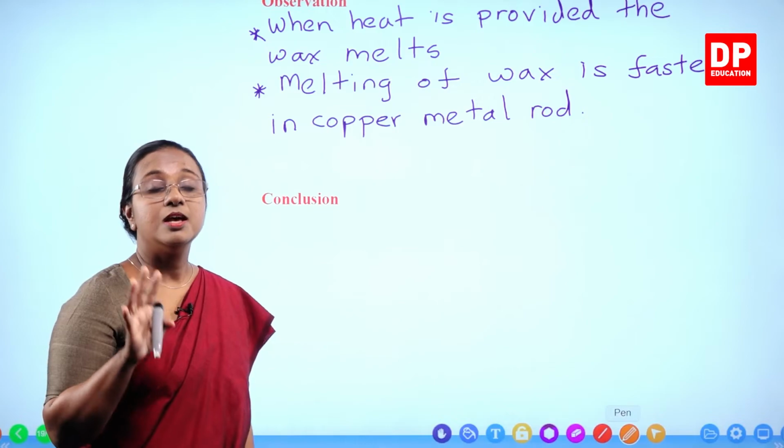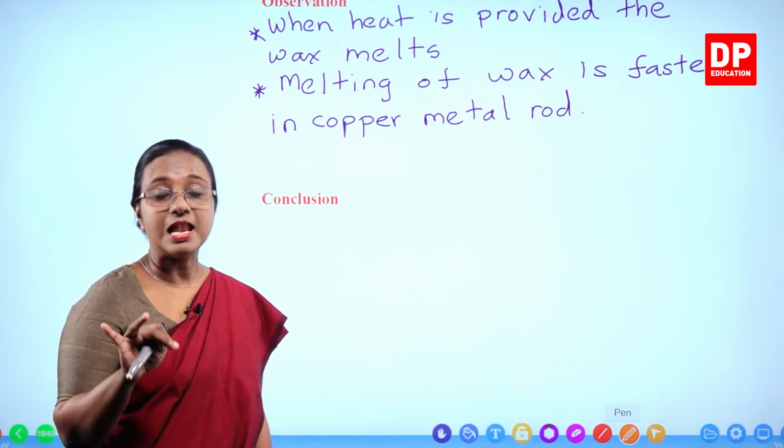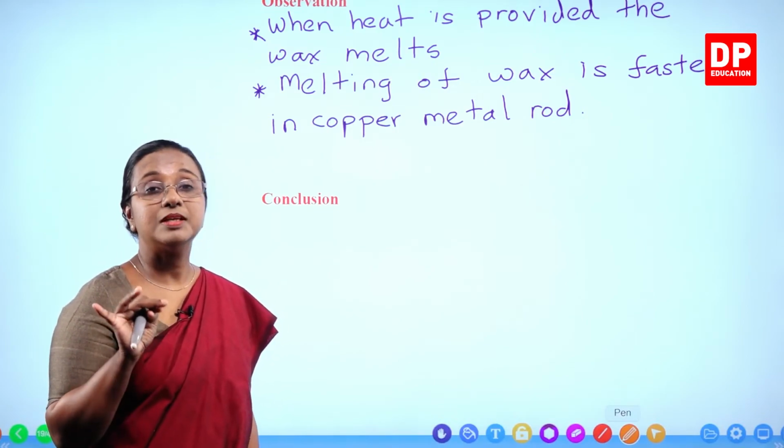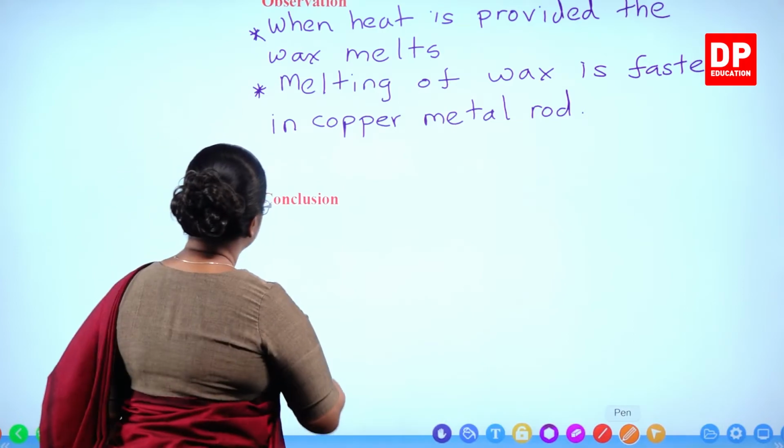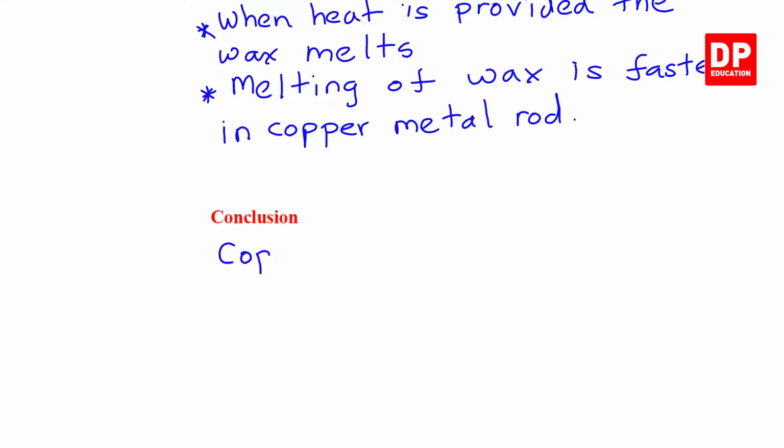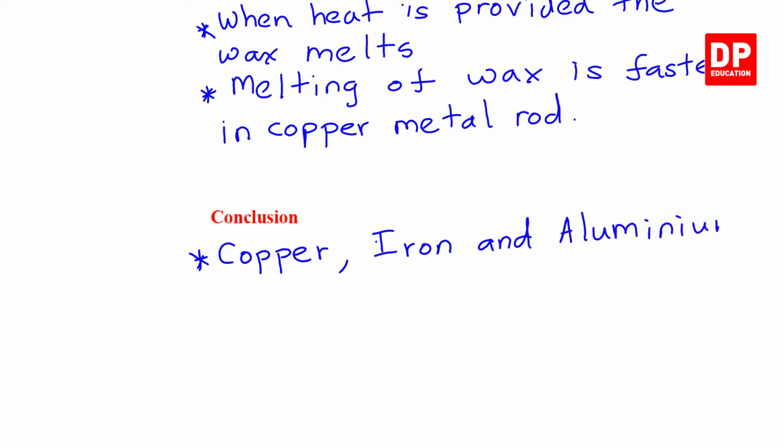We can say copper, iron, aluminium, all of them conduct heat well. So we can say copper, iron and aluminium conduct heat well.